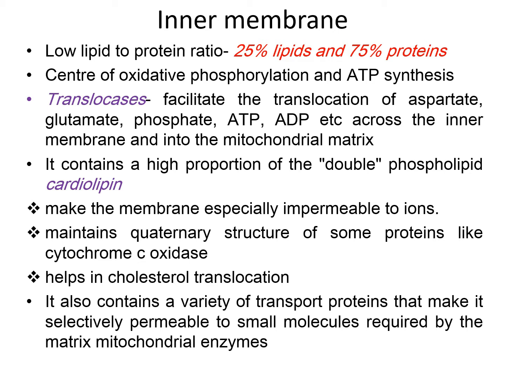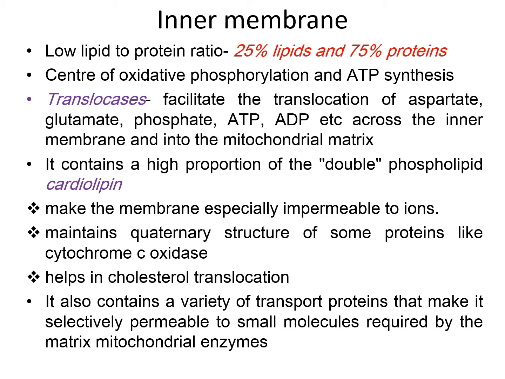Cardiolipin makes the membrane impermeable to ions, so it is actually a filter, we can say. It will help in maintaining the structure of certain proteins like cytochrome C oxidase, which is an important participant of the oxidative phosphorylation reaction. So, the quaternary structure of cytochrome C oxidase, etc., will be maintained by cardiolipin, and it also helps in translocation of cholesterol.